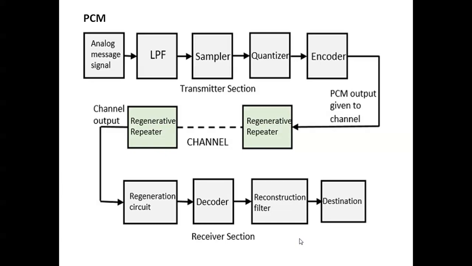We saw that at the starting of the fifth unit. That means we are now seeing the fifth unit. At the start we saw that we have the aliasing effect.